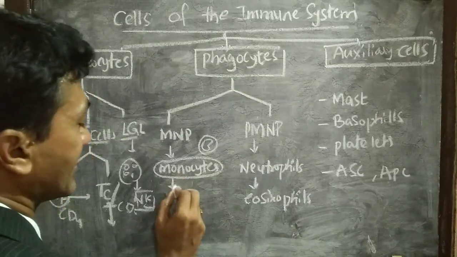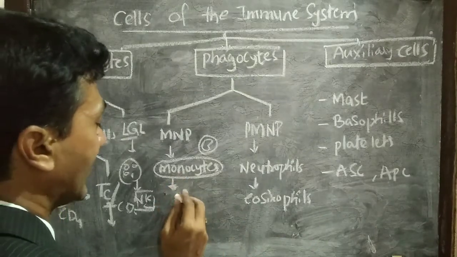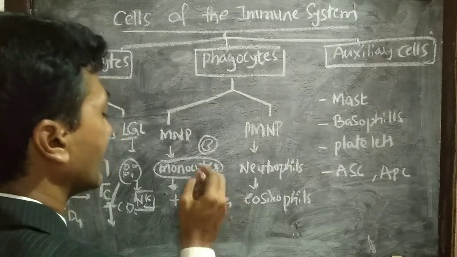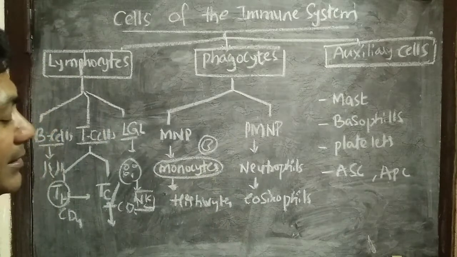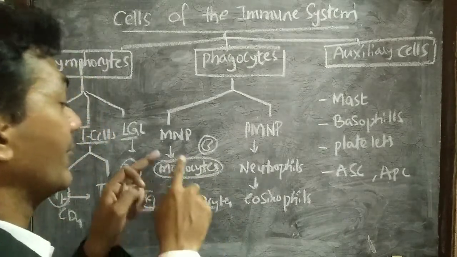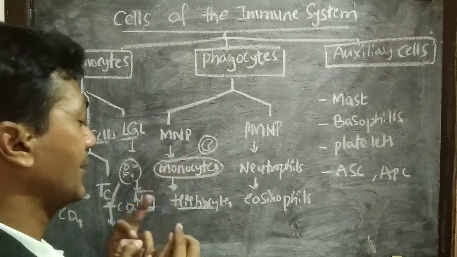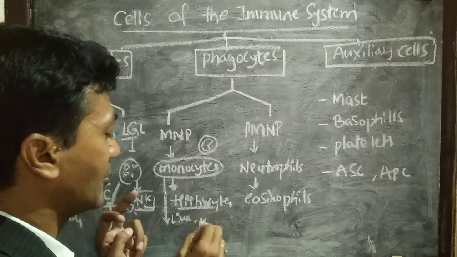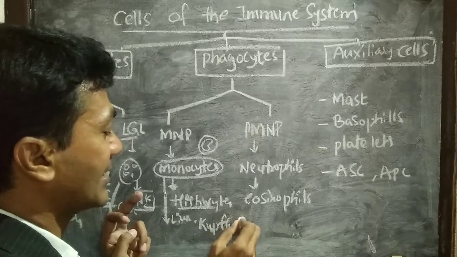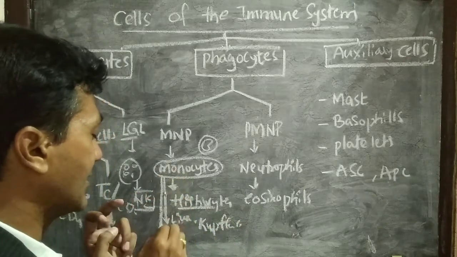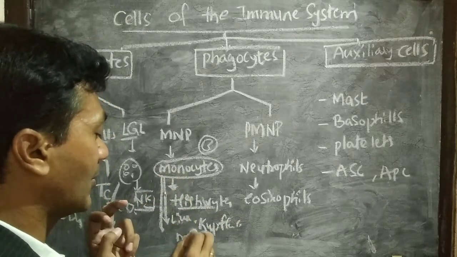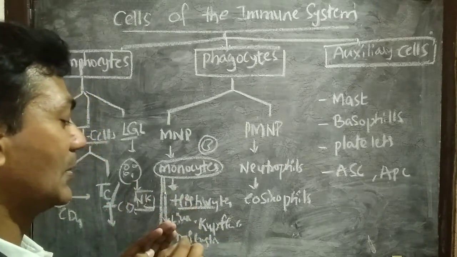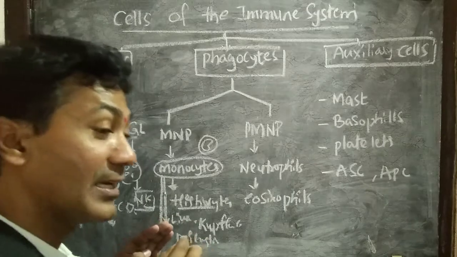If a monocyte reaches connective tissue, it becomes a histiocyte. Histiocytes are modified monocytes only. If a monocyte enters the liver, it becomes Kupffer cells. If it enters the brain, microglia. If it enters a synovial joint, synovial cells.